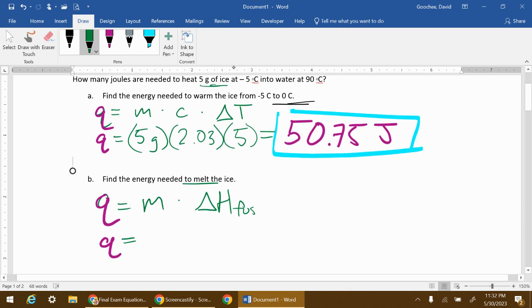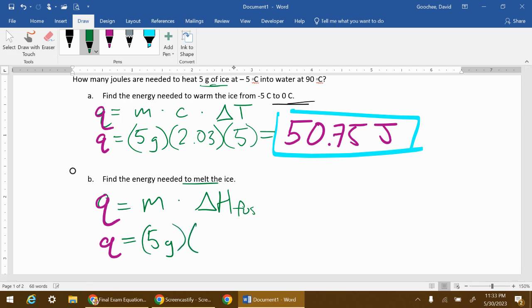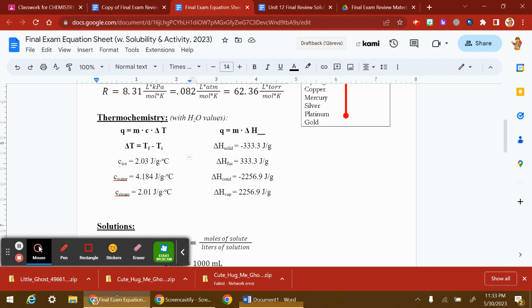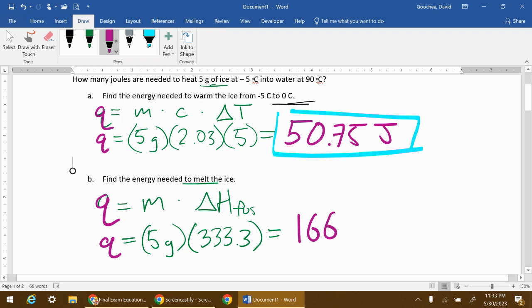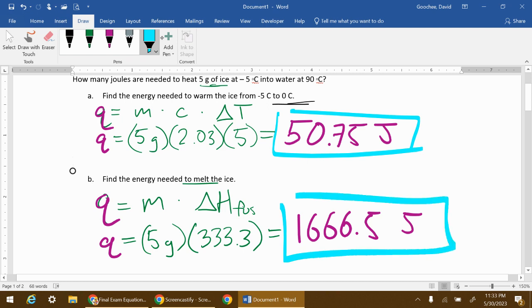The heat of fusion, the energy it takes to melt ice, for H2O is 333.3. So we just multiply those together: 5 times 333.3, and we get that it takes 1,666.5 joules to melt the ice.